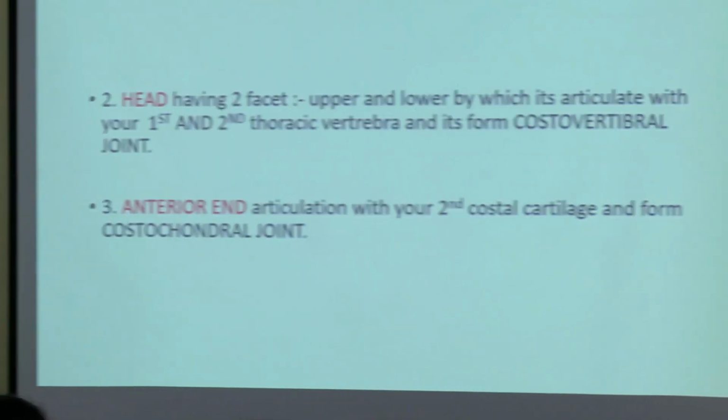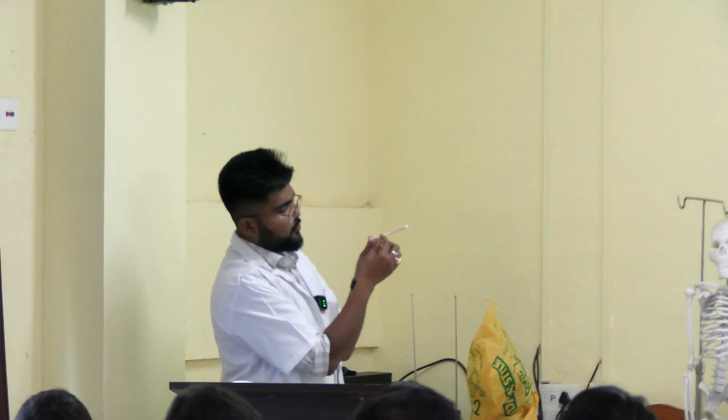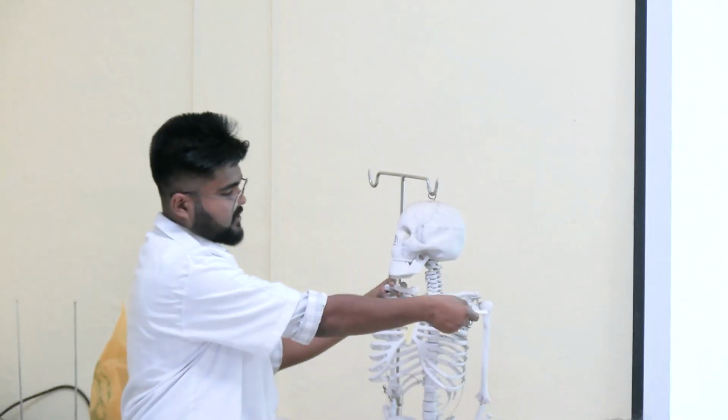Okay, see here, this is the head. Here two facets are present, one upper and one lower. The upper and lower facets articulate with the first and second thoracic vertebrae and form the costovertebral joint. This is your left side, so it articulates like this. And the anterior end articulates with your second costal cartilage and forms the costochondral joint.